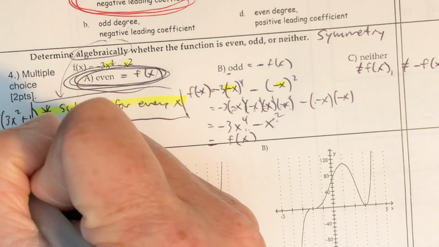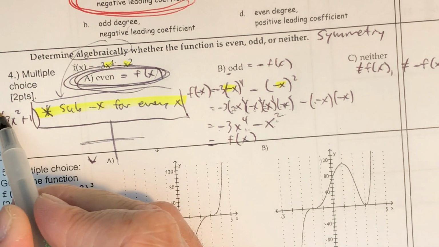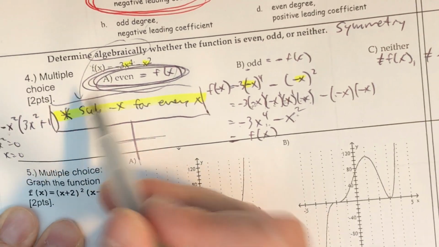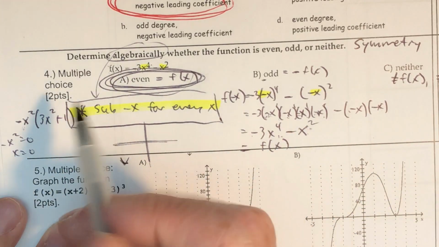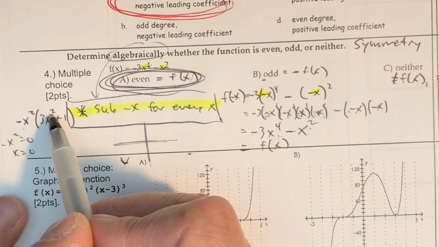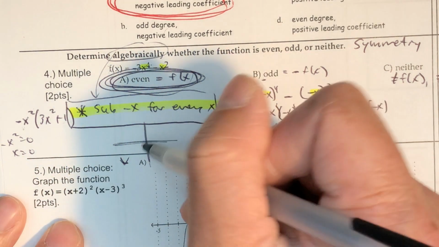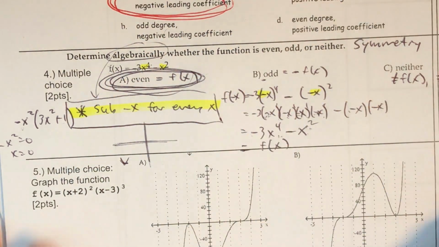You could set it equal to 0. X is equal to 0. It has an even multiplicity, so it's going to be a kiss at the origin. And then if you do this one, it'll be imaginary. So let's double check that.